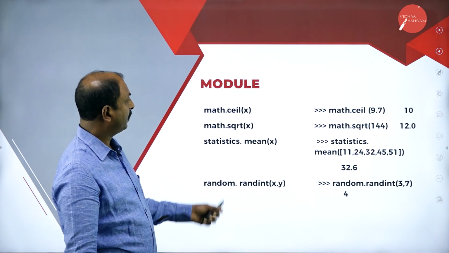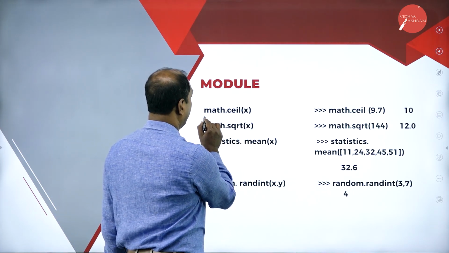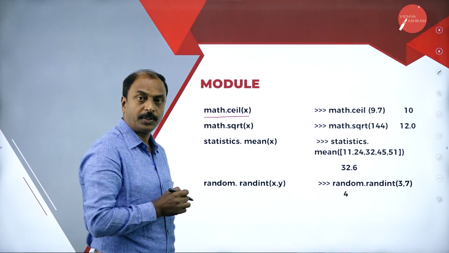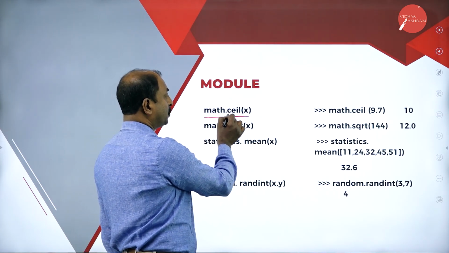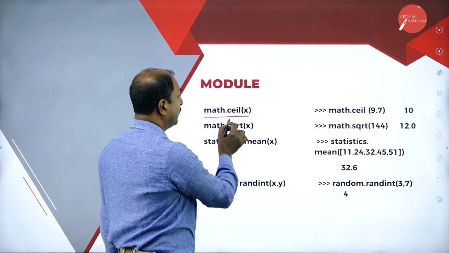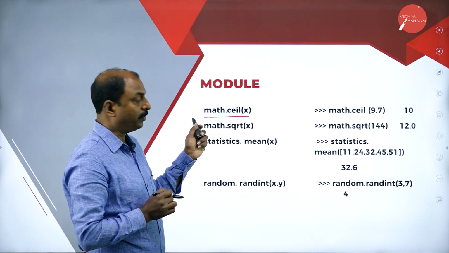Now let us see one or two examples here. Say math.ceil. Here math is the name of the module it belongs to, and ceil is the function. So ceil is a function in the math module.